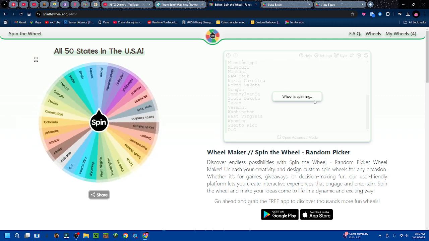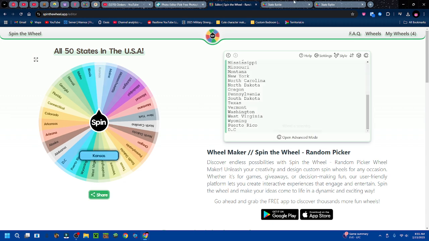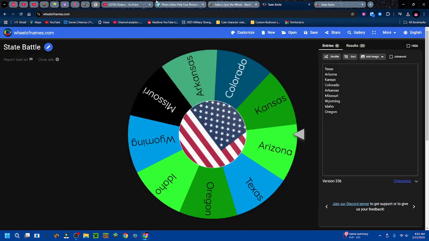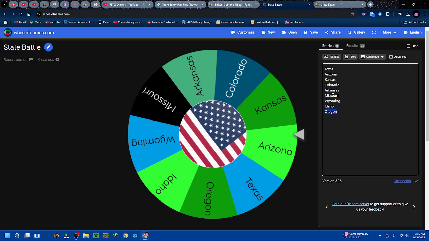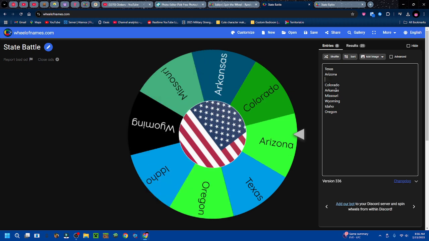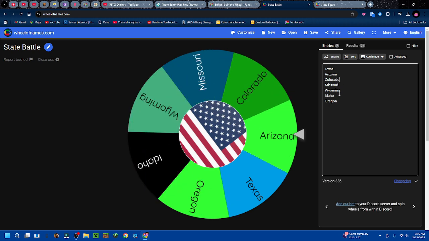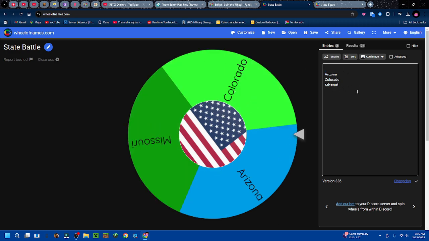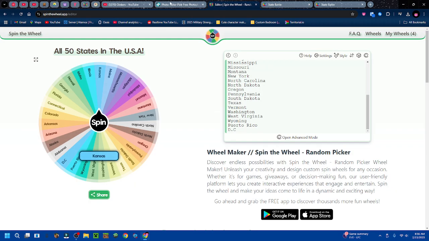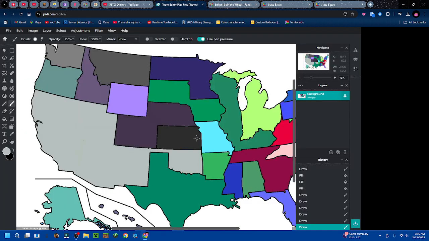Next up will be Kansas attacking. They don't really have anyone that they tried to kill yet. But they border Arizona, Colorado, Missouri. That's all for Kansas.